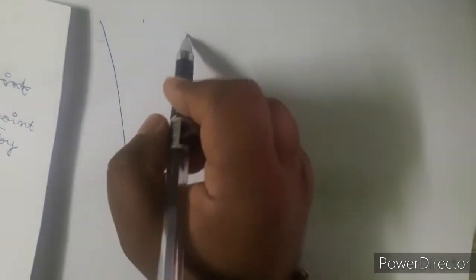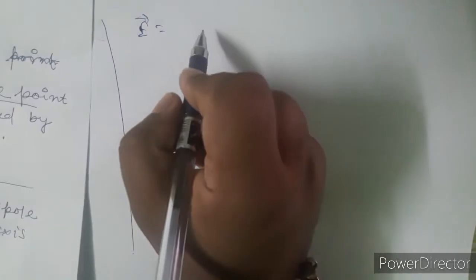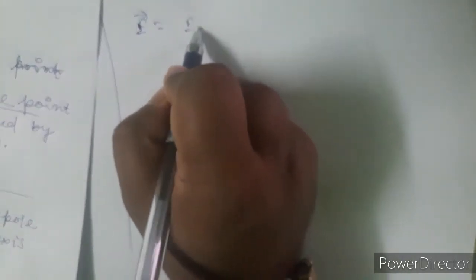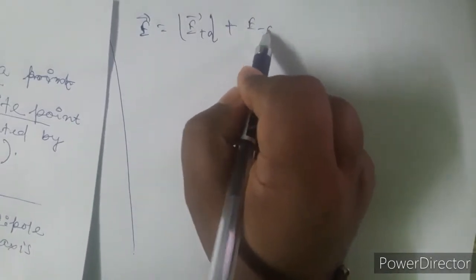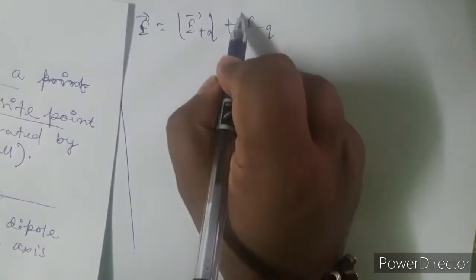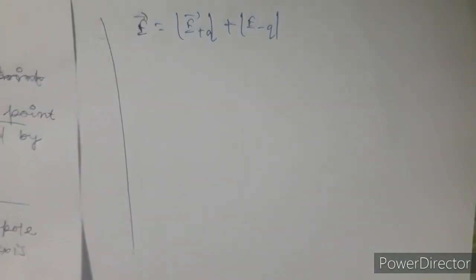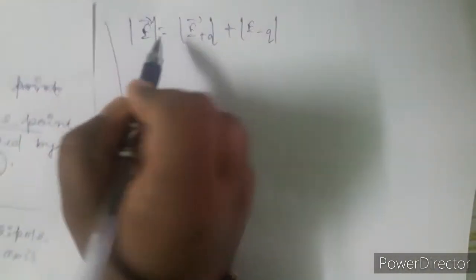The total electric field E will be equal to E plus q magnitude plus E minus q magnitude. This will be the E magnitude.